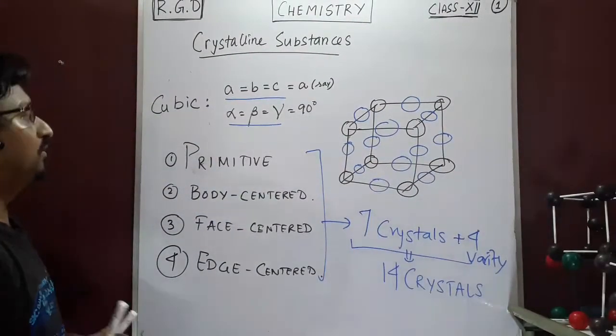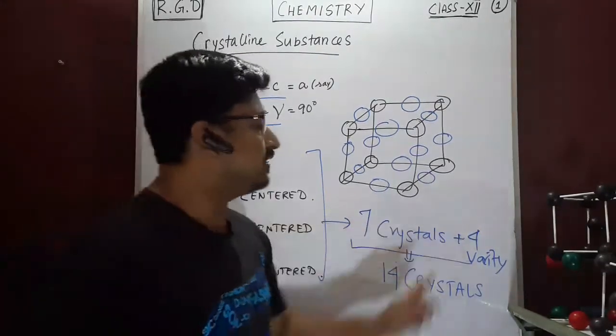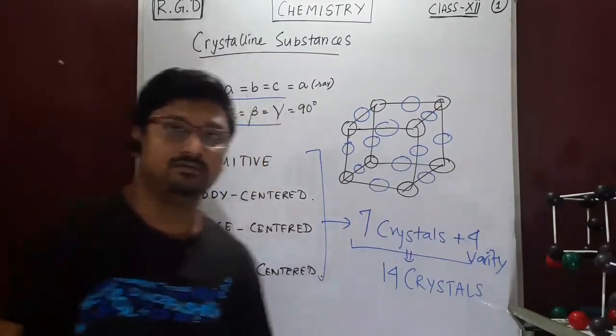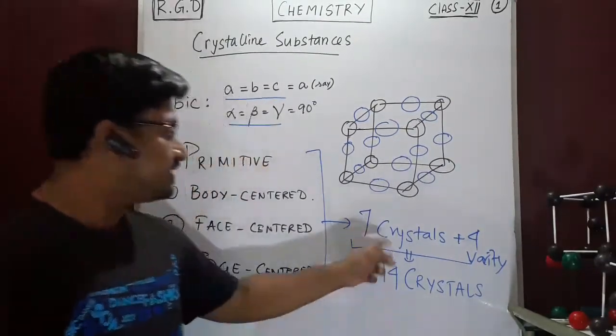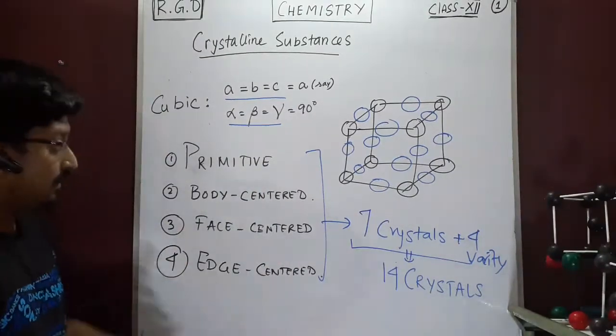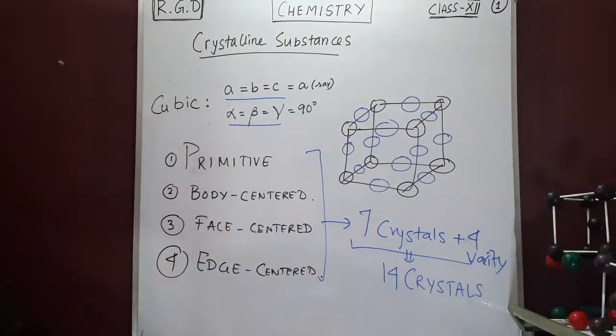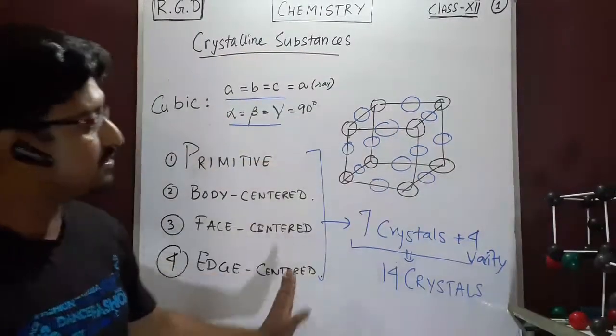So why would you expect 7 times 4, which is 28, but you have 14? Because the seven crystal systems do not attain all four lattice varieties.